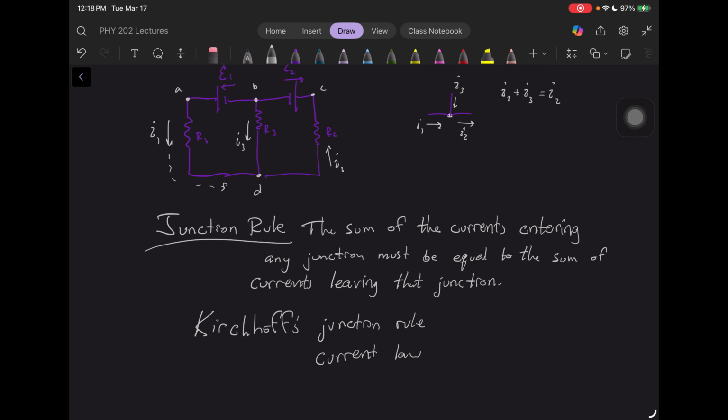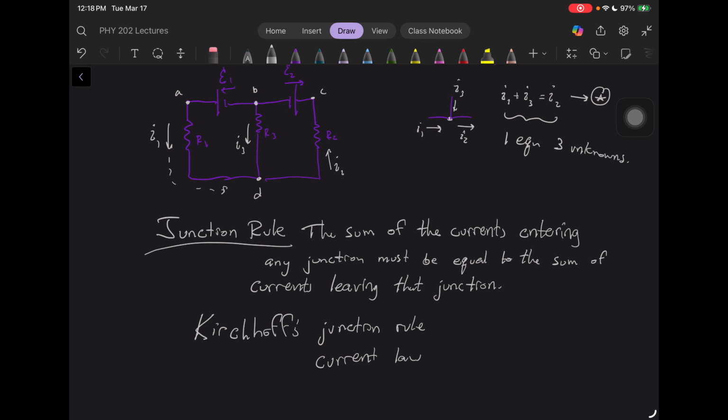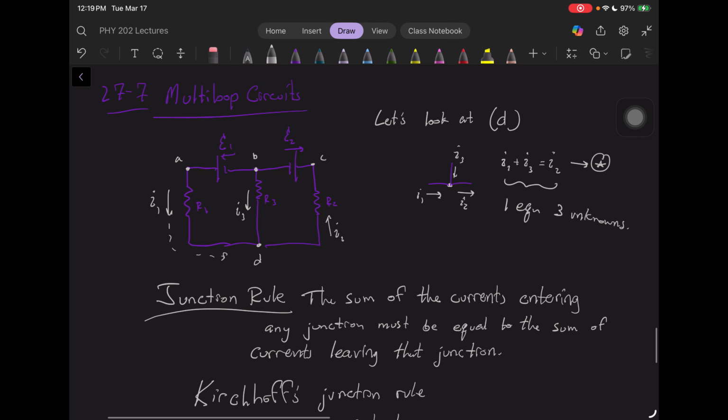What do we have? One equation, 3 unknowns. Not a great start. That's going to come back into play in a second. What we can do is look at the individual loops. Let's get rid of this, and I'll switch the colors up a bit to not make it too messy.